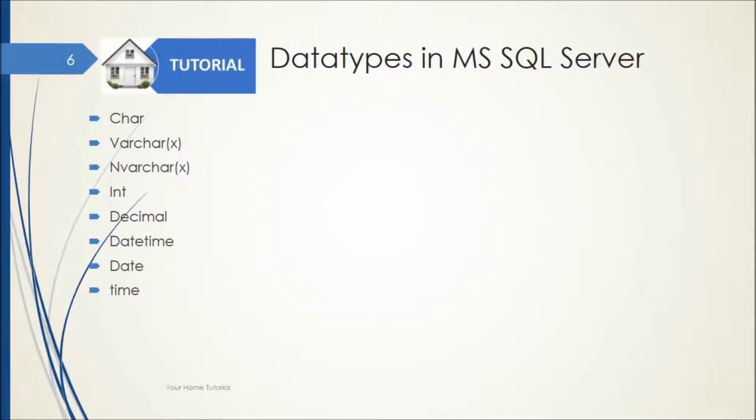Datetime stores both date and time. Suppose we want to store the employee login time, so login date and time, it will record both date and time together in the field. And simple date will only store the date.